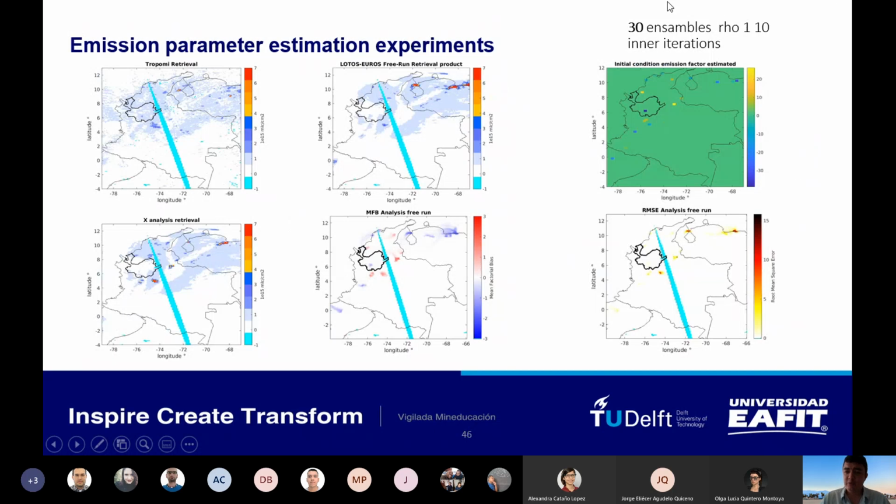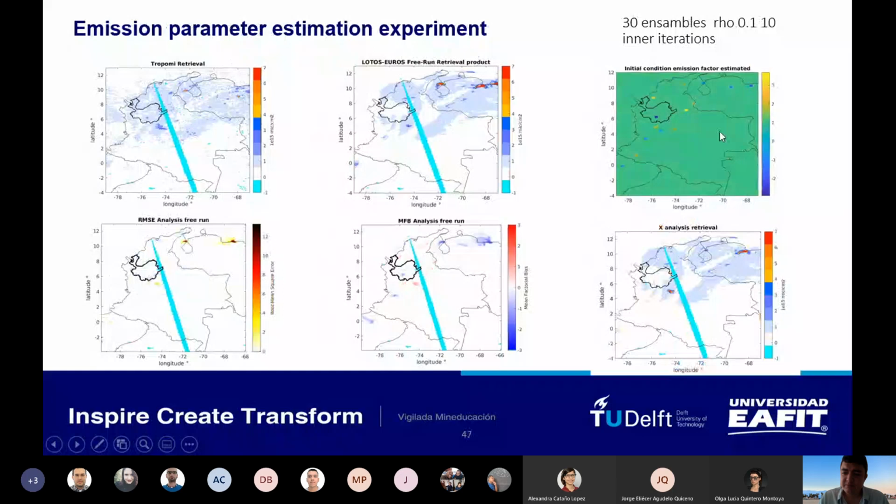I then started putting in more ensemble members and changing parameters like rho, the one that controls the gradient in iteration, and the number of iterations, and making the same comparisons, but this time also in a more qualitative way, like with statistics, to compare both and show the areas with over and underestimation.